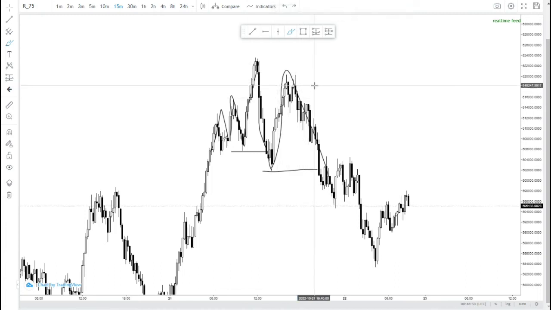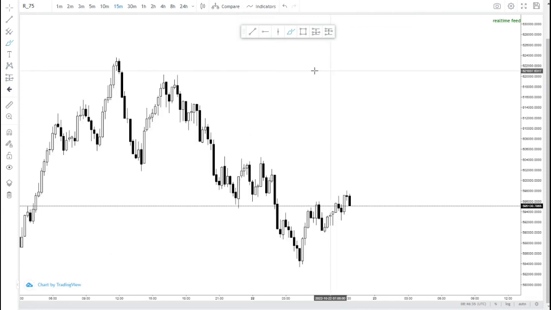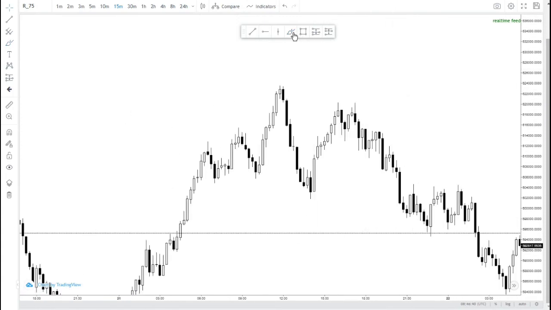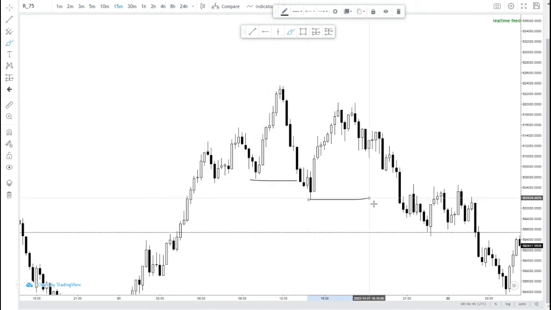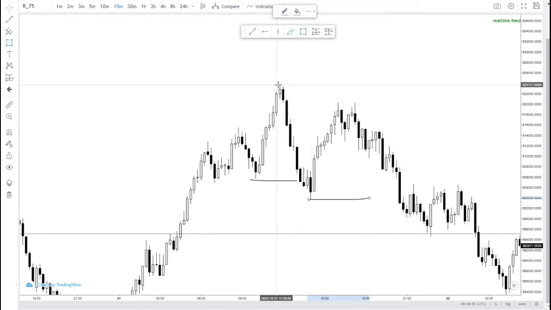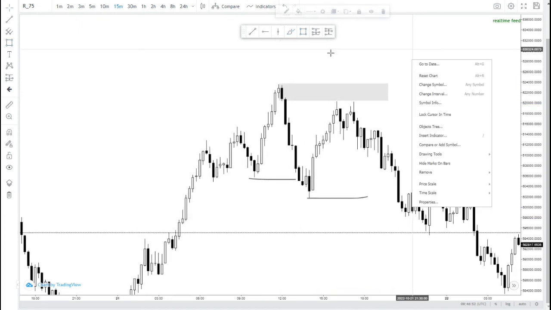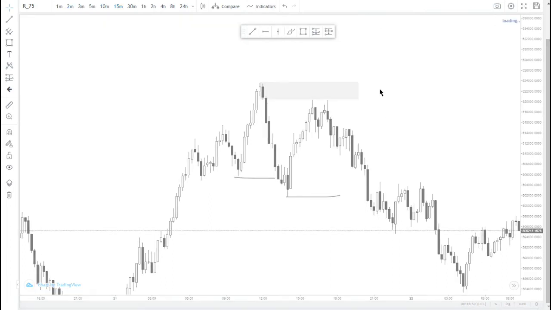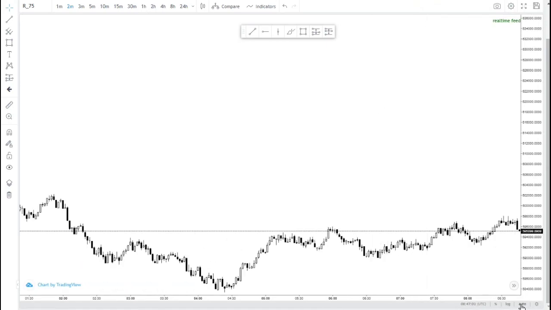So let's remove these and put in the actual sense. So we have this break right here to the downside. We have this low as the next liquidity run, and then we have this area here as the overall supply. Boom. So let's roll back to the 2 minutes time frame and see how we could have traded this specific price action.